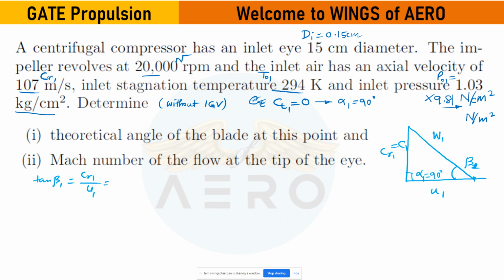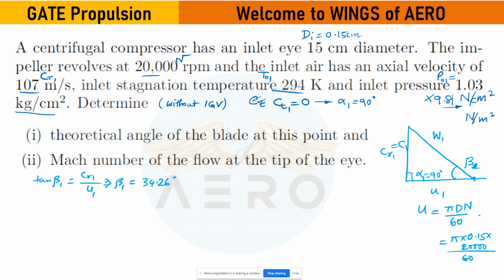Now how to find u? U we can find, pi D N by 60. We can find pi into D is 0.15 into 20,000 divided by 60, whatever you will get. Then from there you are getting beta 1 value equals to 34.26 degree, right?